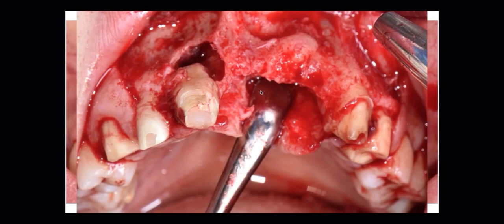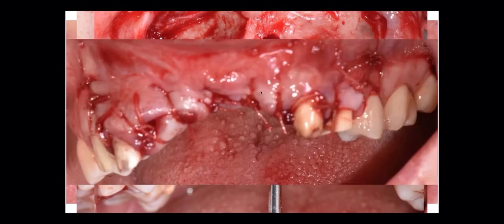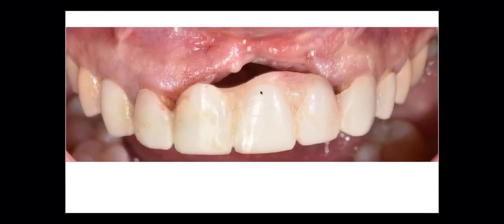So we only did an extraction of number 11, and we cleaned the area from the infection, and we closed again. There was no way to take a risk again for this patient. We cannot take any risk when doing this regeneration. So we closed again, and we went back after 1.5 months.